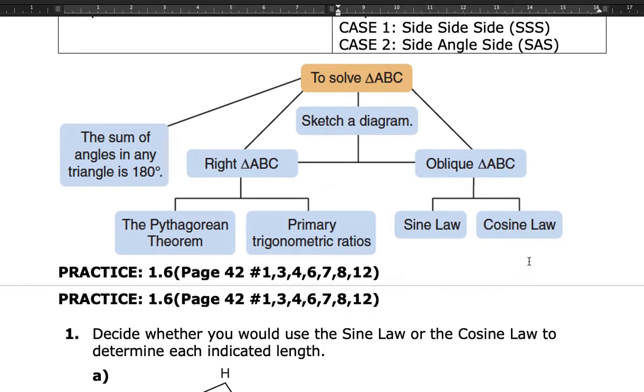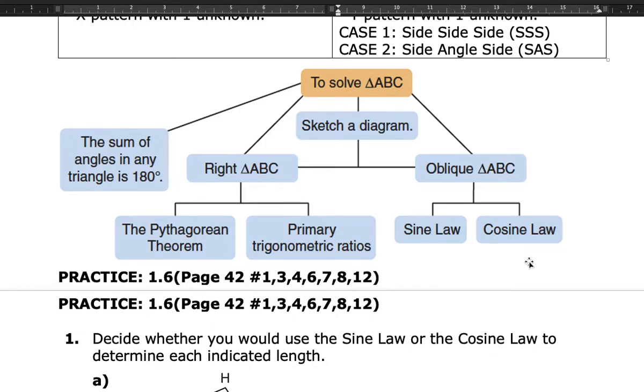So this tree diagram is going to show you the thought process for how you can know which technique to apply. So if we're trying to solve for a triangle ABC, again, solving means to determine every measure of angles and lengths. So the first thing that you can always do is apply the interior angle theorem.